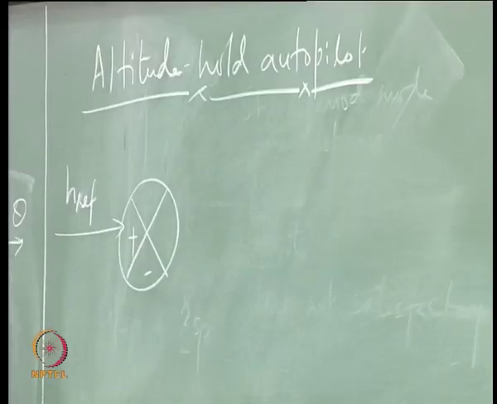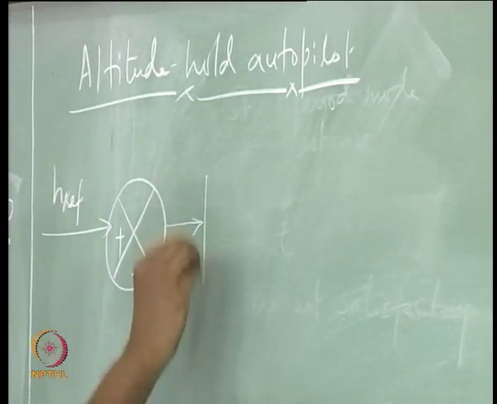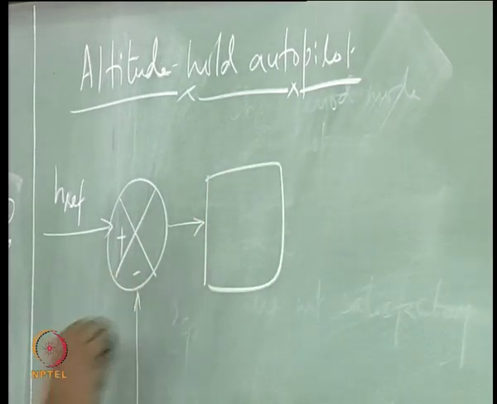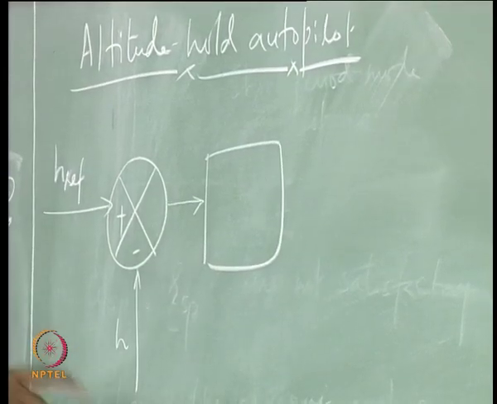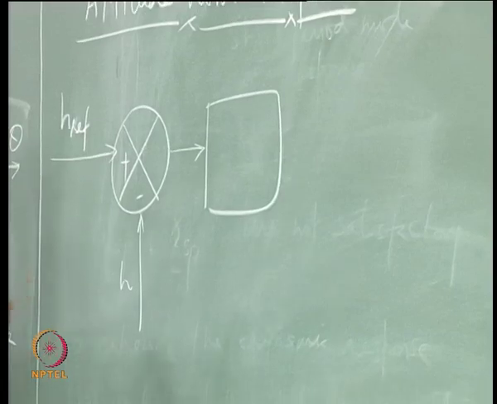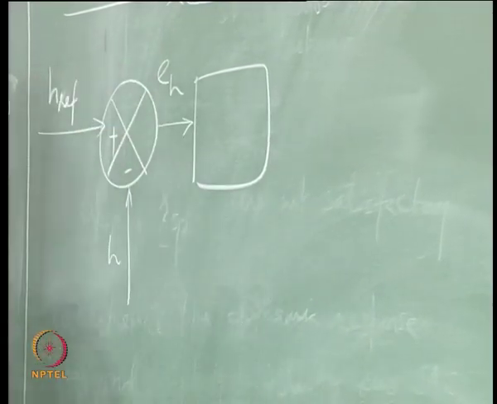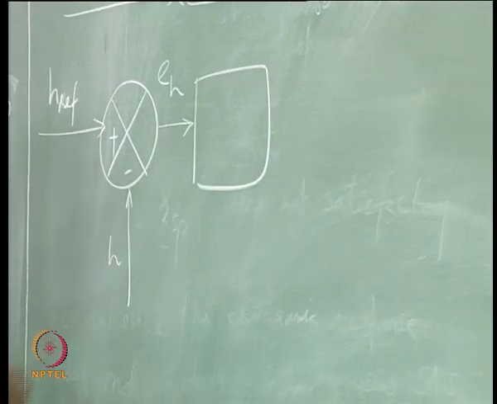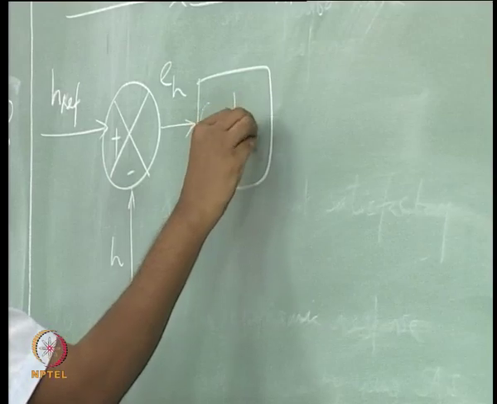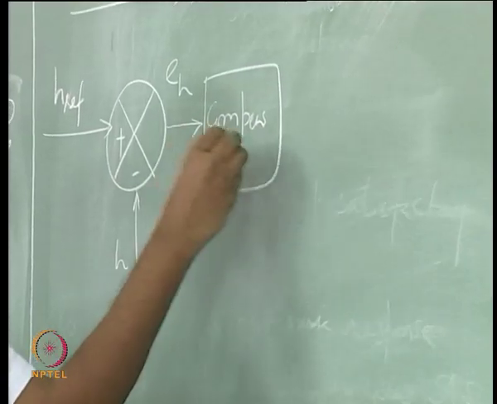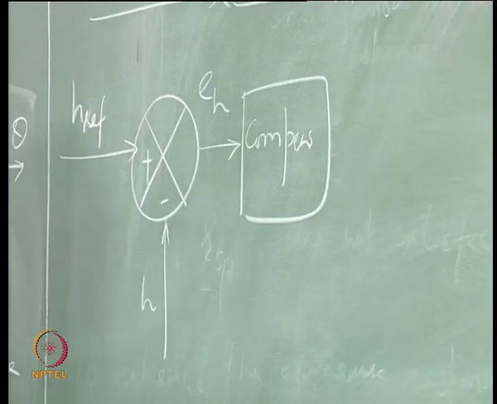So, you have to read the actual altitude, compare it with the reference altitude, and proportional to the error that is introduced in the altitude, deflect controls so that you can reduce this error.